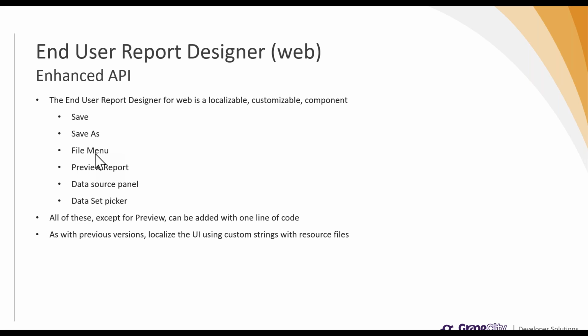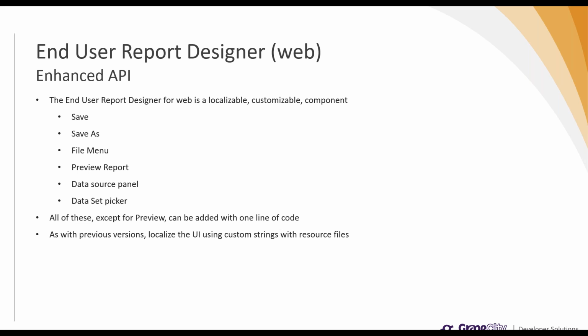You could give them a file menu to choose templates and whatnot, a preview button, a data source panel, and a data set picker, so they can choose their data sets. So these were all modules in previous releases. So you had the option to choose whichever modules you wanted to show in your web-based report designer.